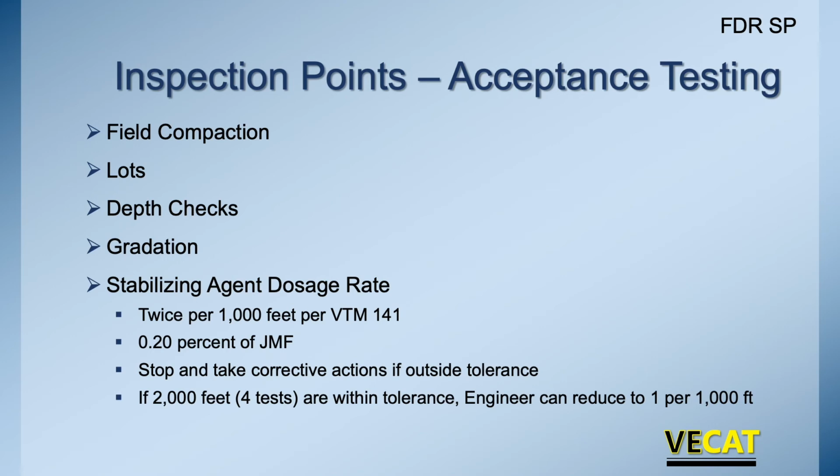And if we get 2,000 feet or 4 tests within tolerance, so everything seems to be working, how we're distributing that cement or adding that foamed asphalt or that emulsified asphalt, we can reduce that to 1 test per 1,000 feet. But keep in mind, the engineer can do it. The contractor cannot unilaterally decide, I'm only going to test 1 per 1,000 instead of 2 per 1,000 because I'm hitting the tolerance. Get written approval by the engineer.